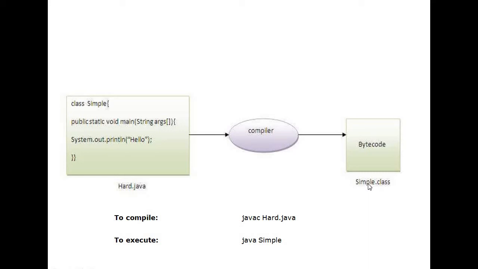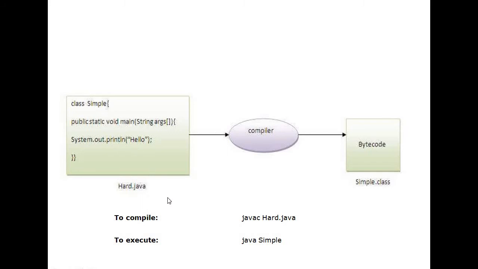So whenever I execute the program, I must write java simple instead of java hard. To compile the program, the file name is hard.java, so I compile it as javac hard.java. Then the compiler compiles the program and produces the equivalent .class file, but the .class file name is simple.class. Why? Because the class name is simple.